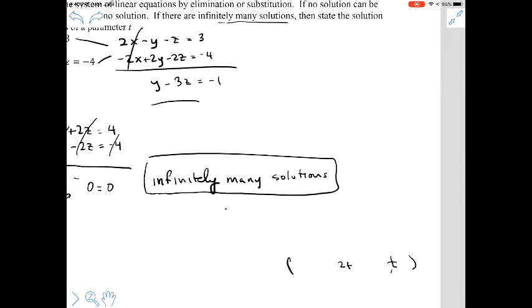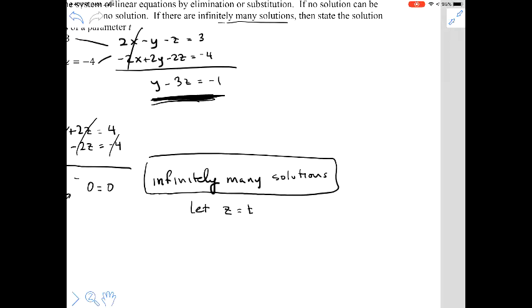So the way we start, if there's infinitely many, is to let z equal t. And then we've got to find y and x. So we go backwards through the process. We eliminated x and got y and z in this equation.